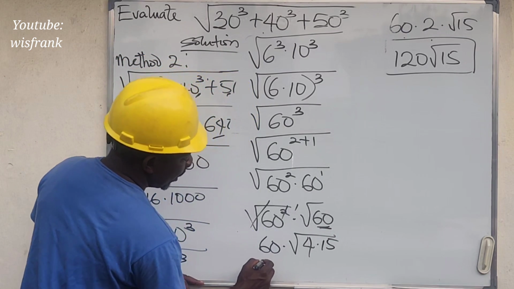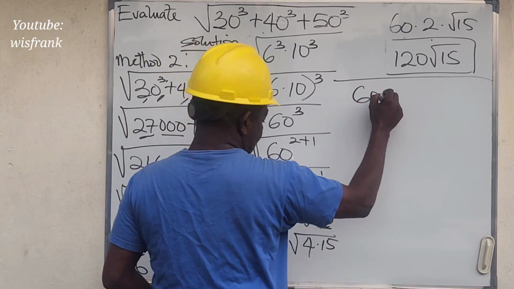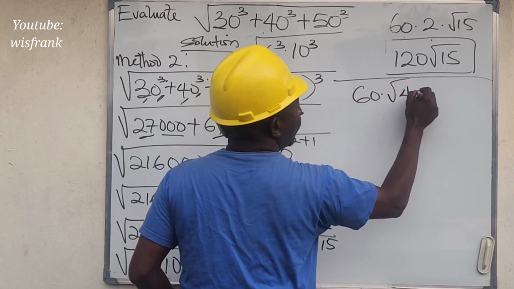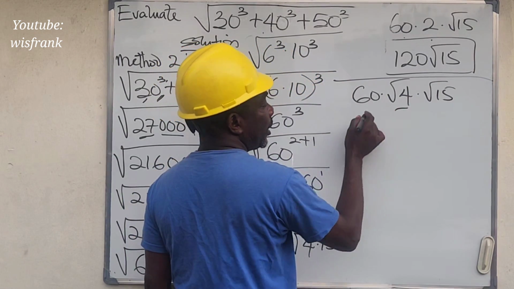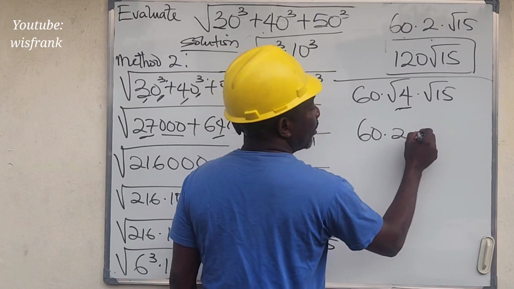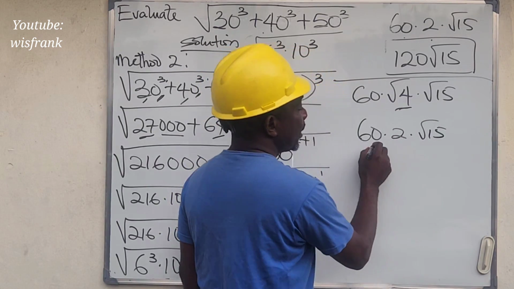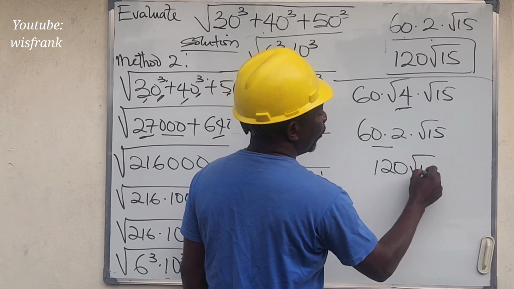So this is the same thing as 60 times square root of 4 times square root of 15. Square root of 4 is 2, so 60 times 2 times square root of 15. 60 times 2 is 120 square root of 15.